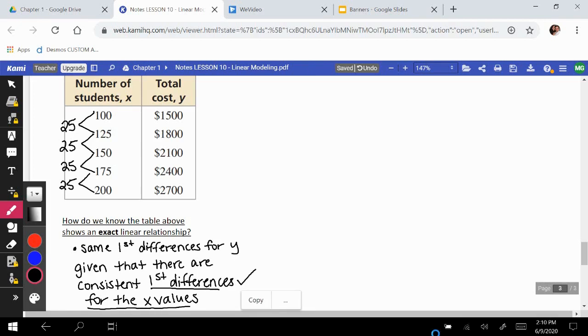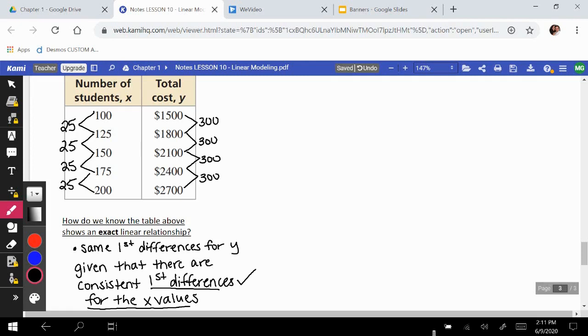So now that I know that we have consistent differences for x, we've got to make sure that the y values are also consistent. So what's 1800 minus 1500? That's going to be 300. If I add on another 300, I get to 2100. Add on another 300, I get to 2400, etc. So all the y values also have consistent first differences.